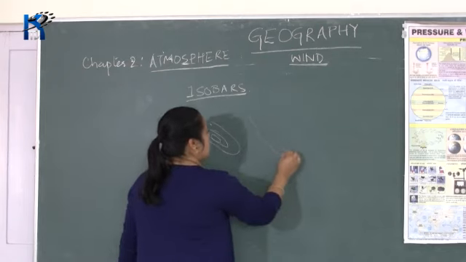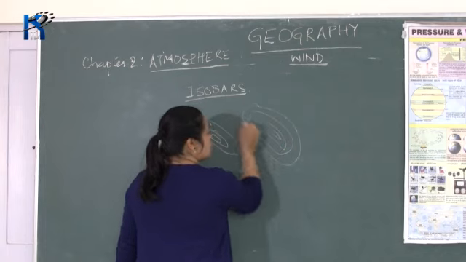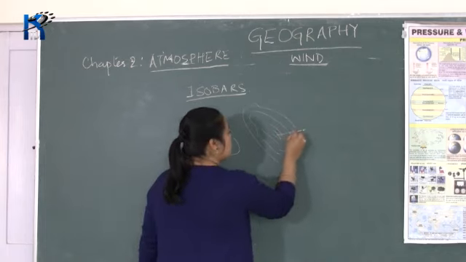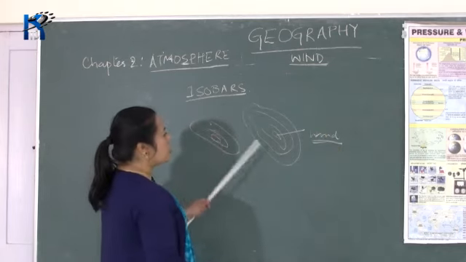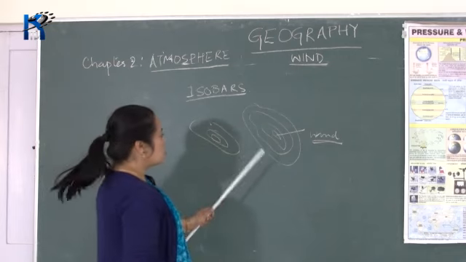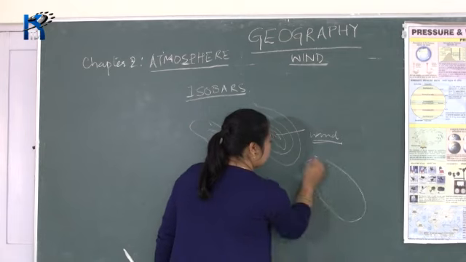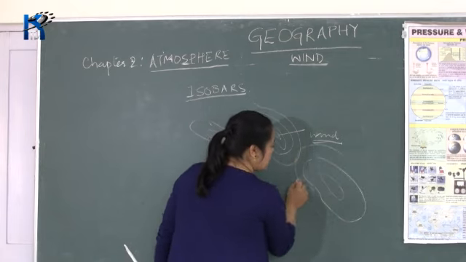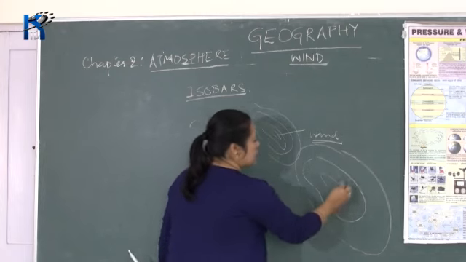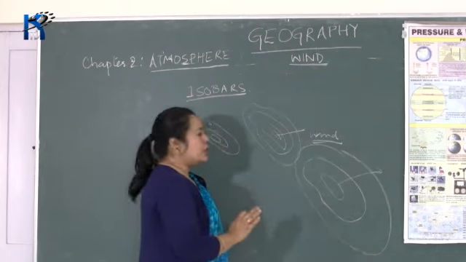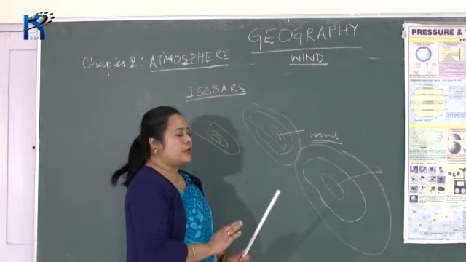If the lines are closely spaced, it means that the wind is strong. Why I am telling you this is because pressure is related to wind. If the isobars are widely spaced, if the gaps between the lines are wide, then the wind is gentle. This is the main thing I forgot to tell you in my previous class.